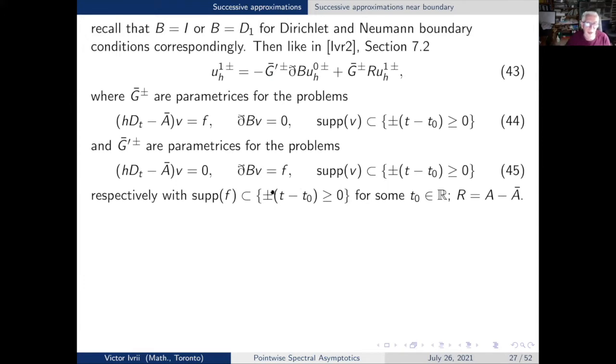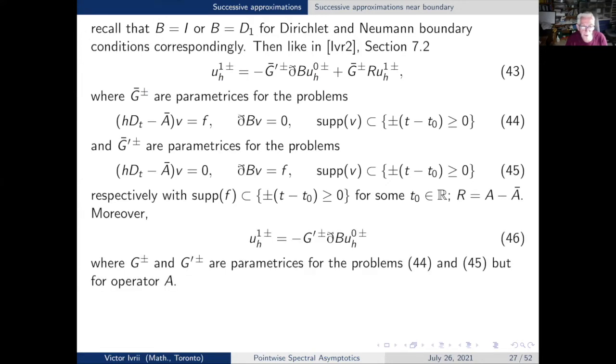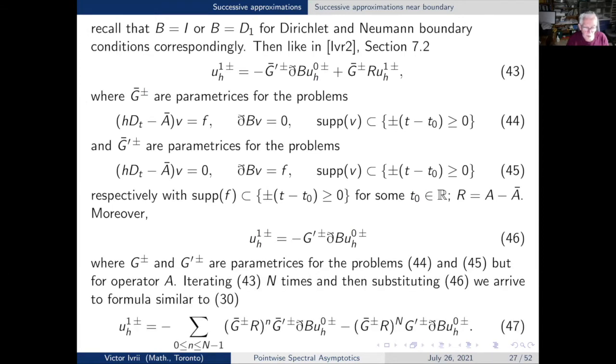And again, the same, very similar formulas, but there are actually two parametrices, G and G prime, where G works with the right-hand expression and G prime works with boundary conditions. And it basically repeats all these arguments. Iterating, we get these formulas.